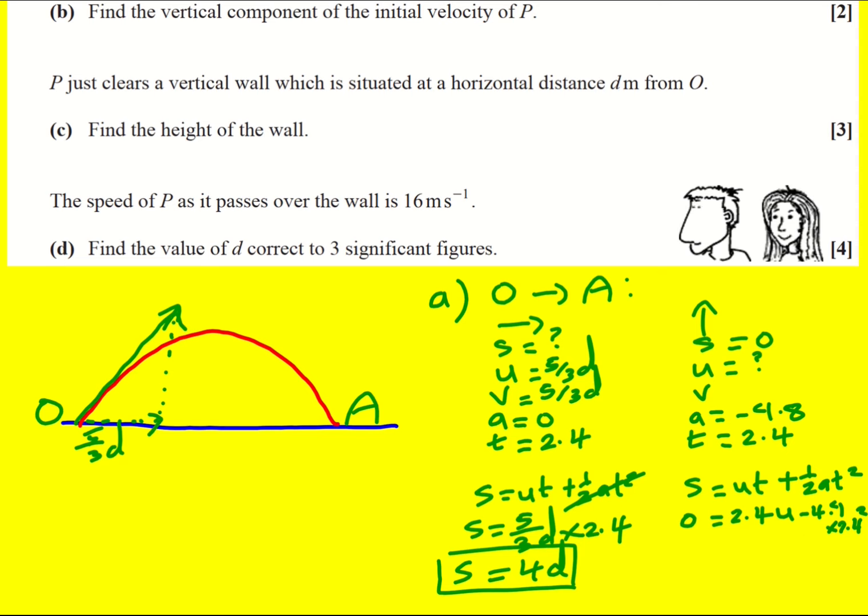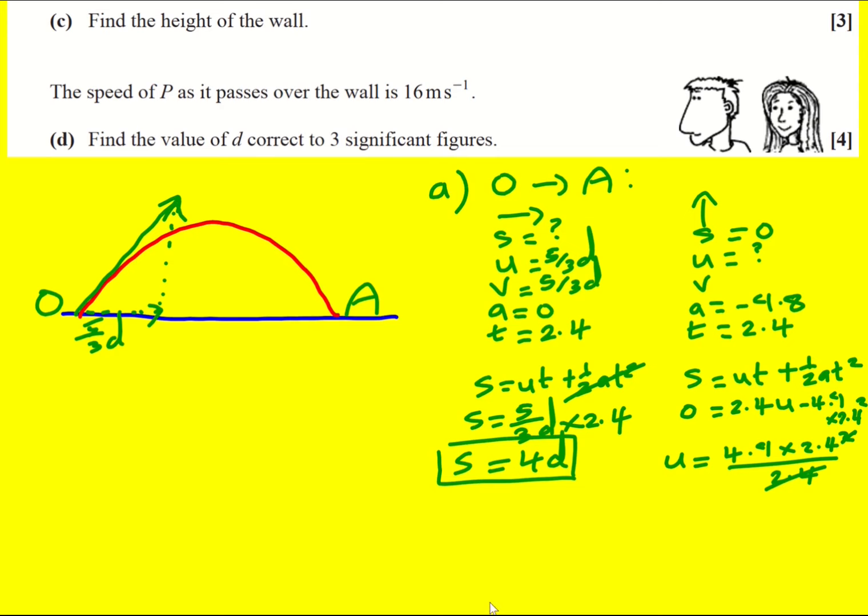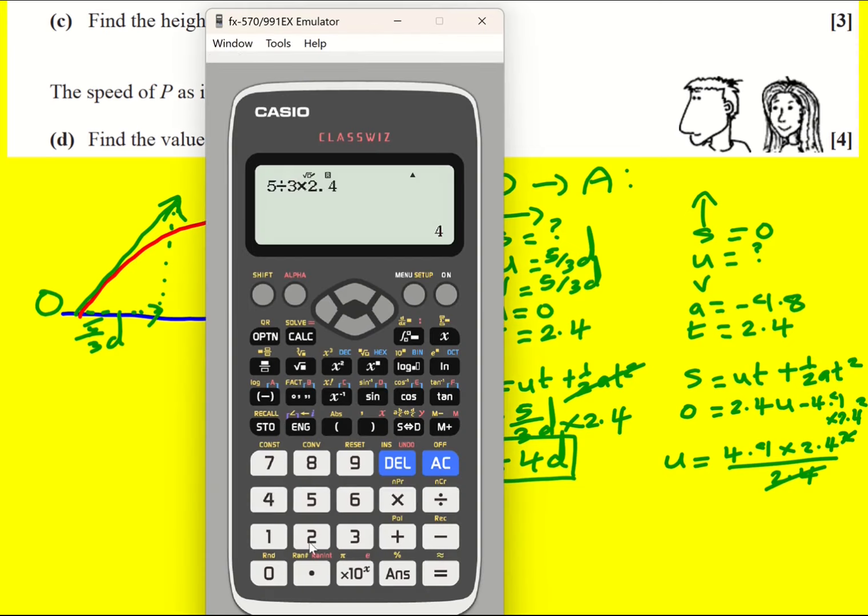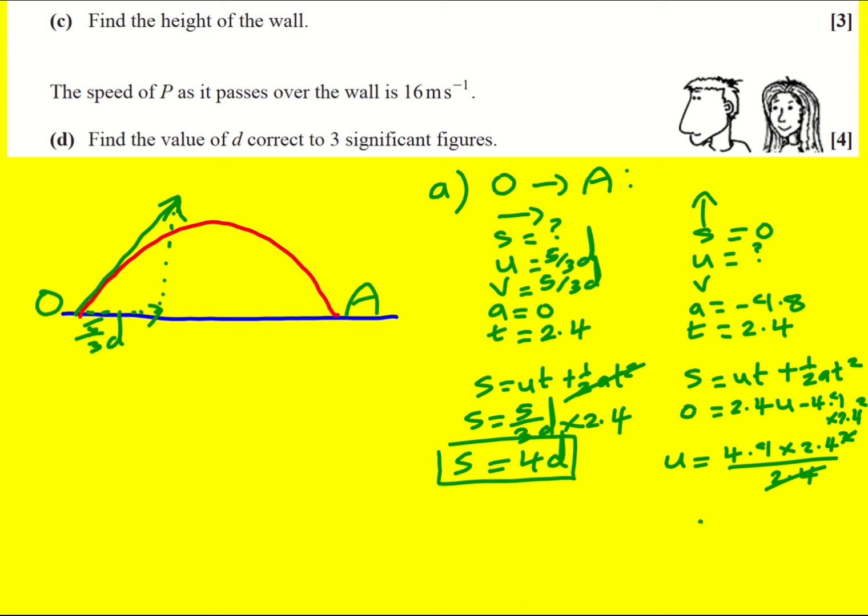And then u is going to therefore be 4.9 times 2.4 squared over 2.4. In fact, that just cancels. So it's just 4.9 times 2.4, which is 11.76.